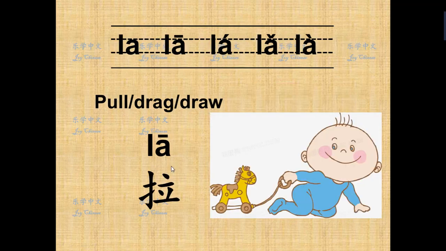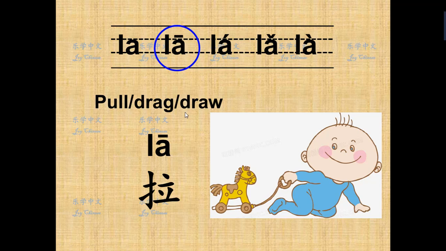Okay, let's try l with a. La, la, la, la, la. Here I introduce another verb that is also frequently used in our daily life. It's la. So like this baby is pulling this little toy. It means drag, pull, or draw. La.